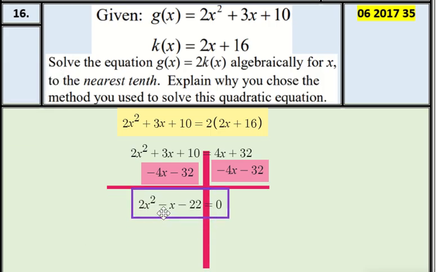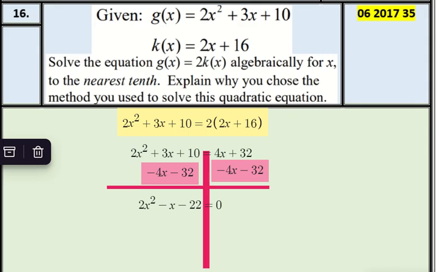Now, when I combine like terms, everything's on one side of my equal sign. And when I solve a quadratic equation, that's what I need. I need the squared term and all the other terms along with it to be on the same side of the equal sign.